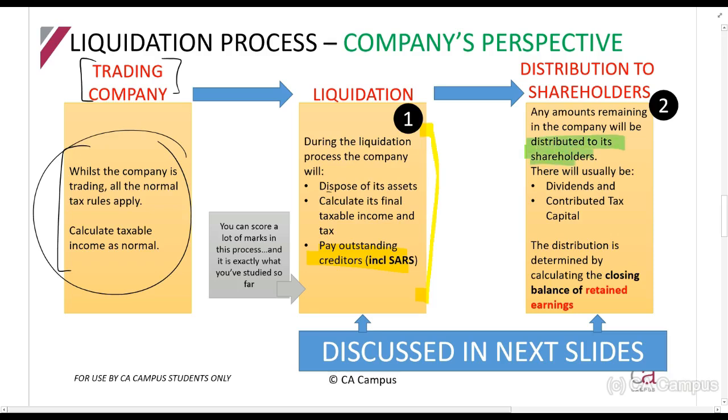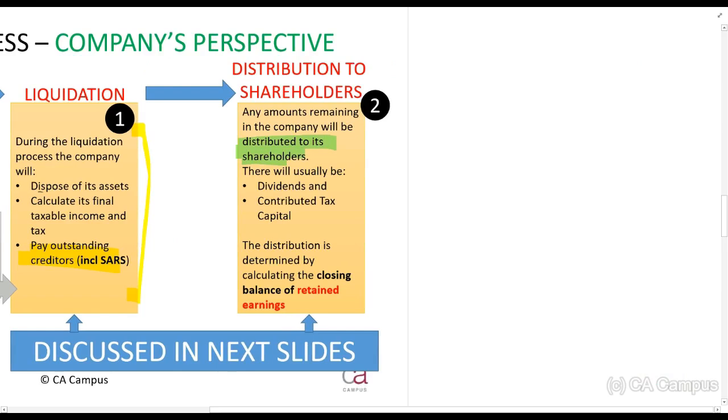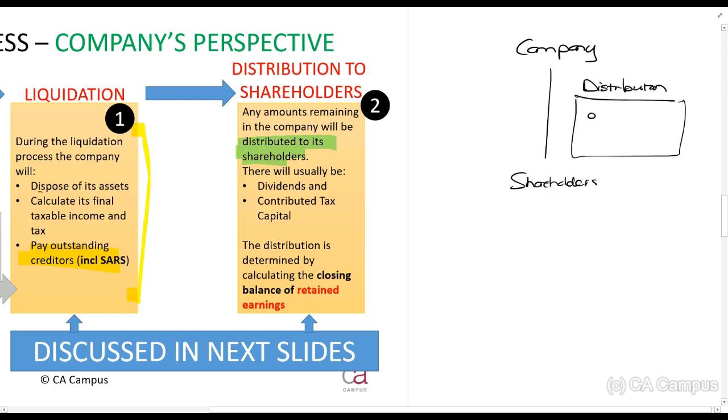And you'll remember from when we studied dividends tax, if a company makes a distribution to its shareholders, that distribution can only be a dividend or contributed tax capital, a return of capital, if you want to call it that. That rule still applies. So when the company now pays out its final cash to its shareholders, it needs to see how much of that is a dividend and how much of that is contributed tax capital.